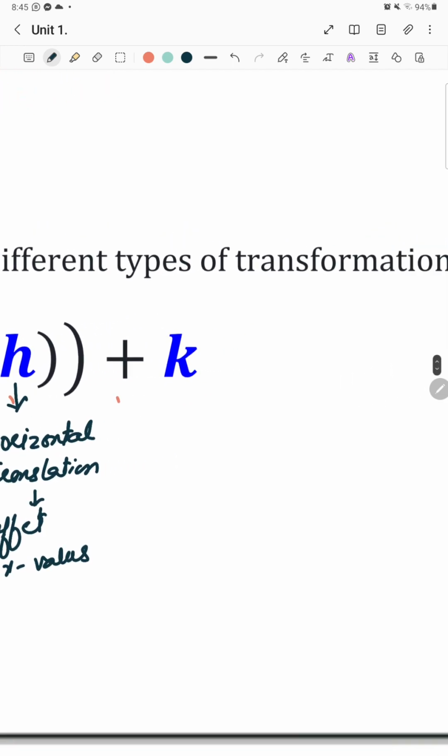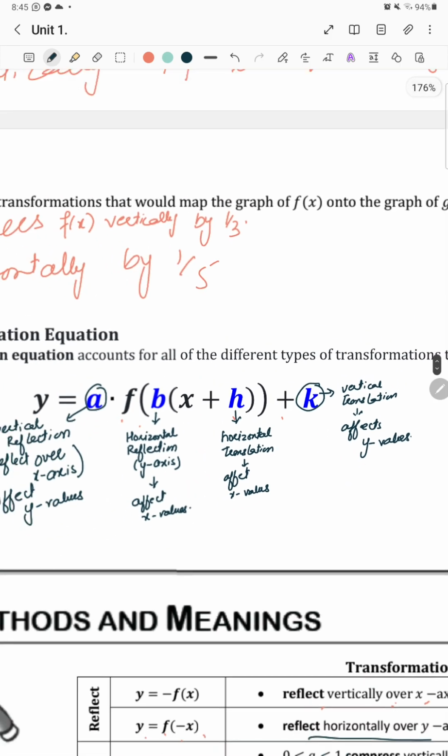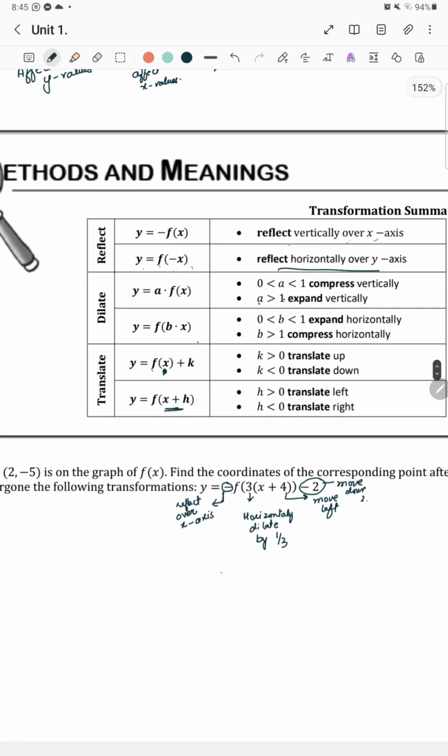And the last is K, vertical translation. It affects y values. So whatever equation is given to us, we are going to compare it with this equation.